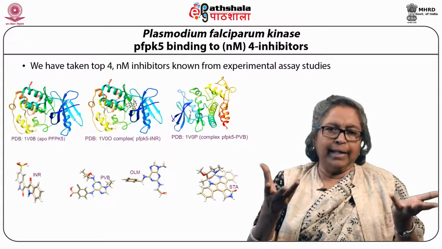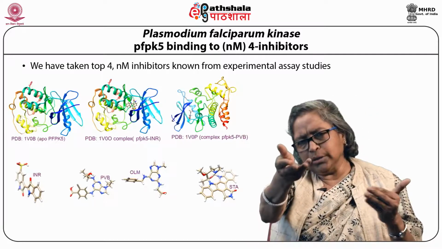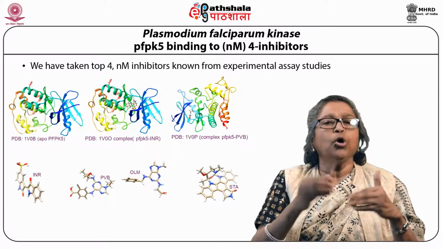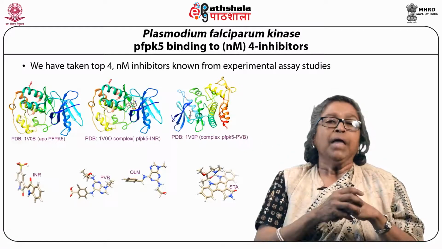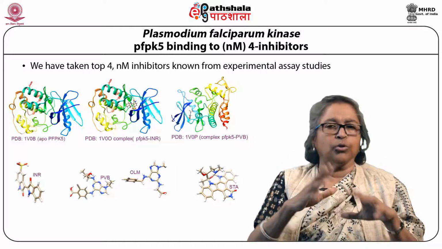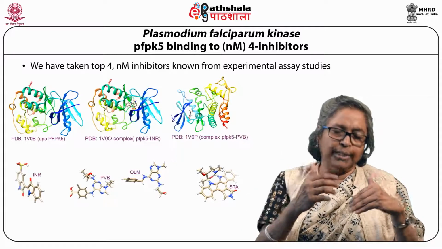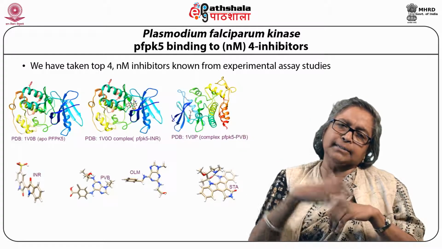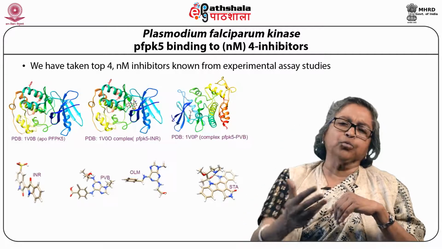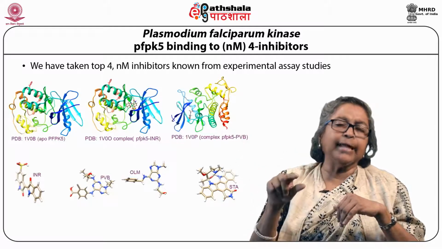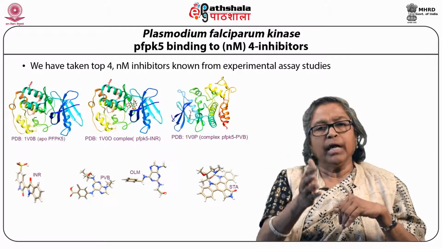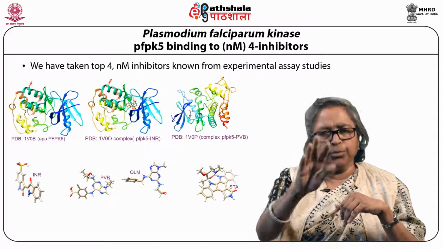Because we know the binding activity from experiments, we tried to find their correlation. We also used molecular simulation trajectories of all the 4 complexes and the protein to calculate the enthalpy using both MMPBSA and MMGB methods.